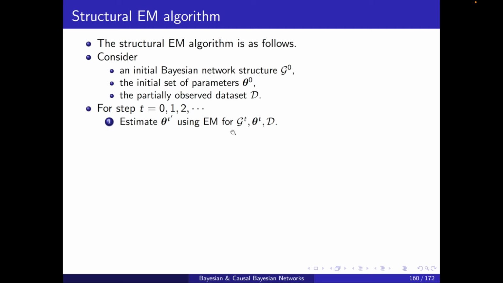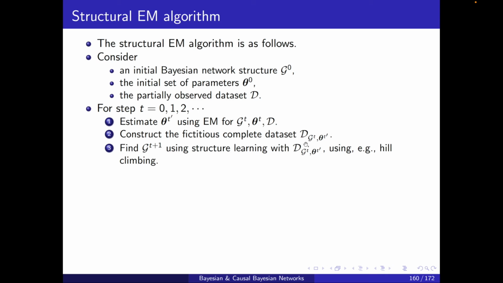We use EM for the structure G_t, parameters theta t, and the data set D. Note that this theta t prime is different from theta t. Then we construct the complete data set, and note how we're denoting it: D of G_t, theta t prime. It means that it is based on the structure G_t and the estimated parameters theta t prime.